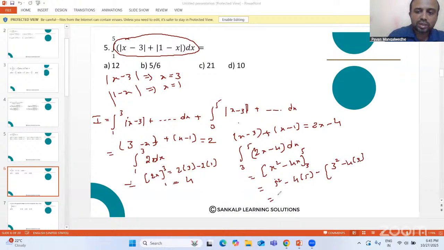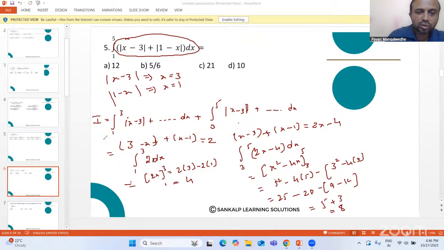That is 25 minus 20 minus 9 minus 12, which is 8.